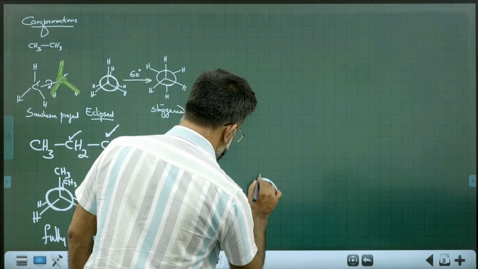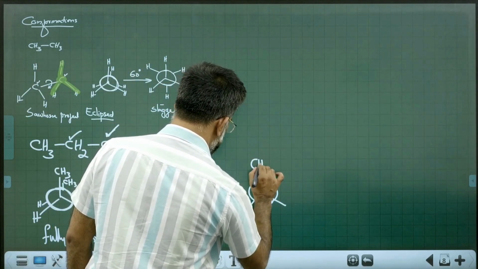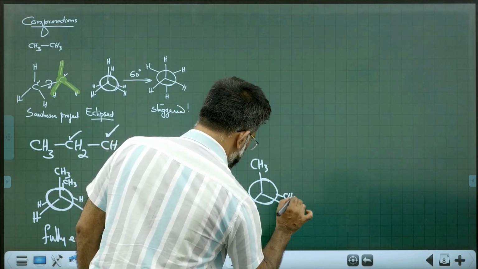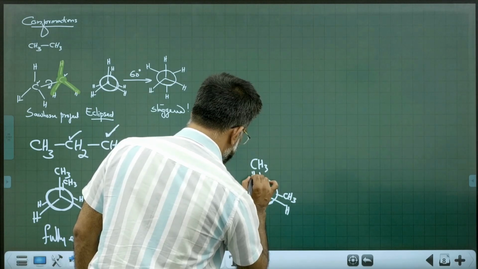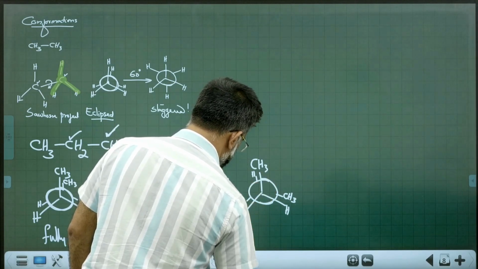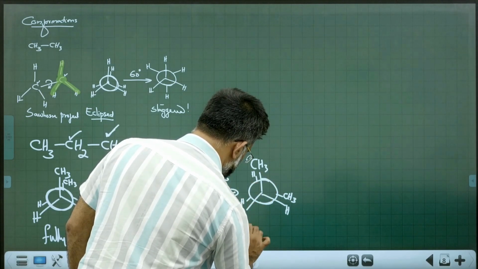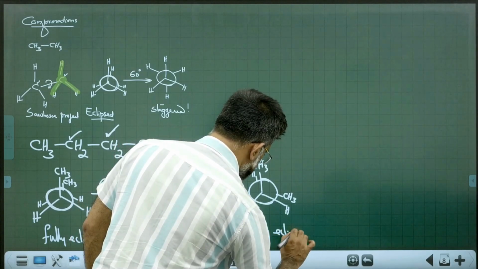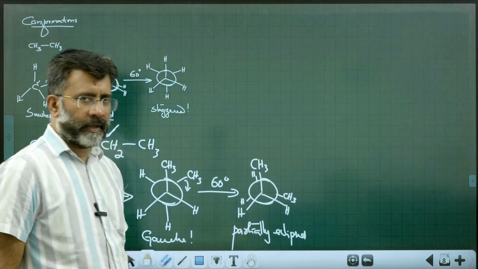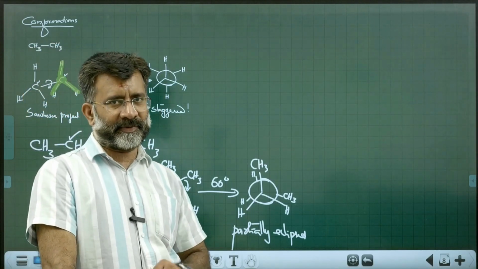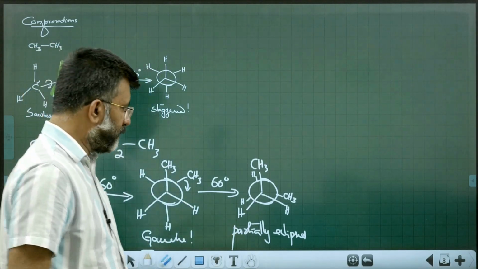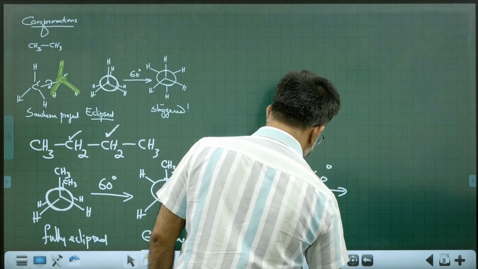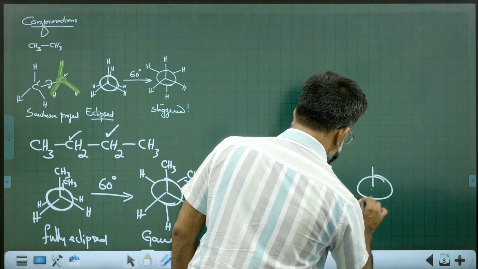You get a new conformation where CH3 like this, hydrogen, and the behind carbon CH3 comes here, hydrogen is here and hydrogen is here. That is called partially eclipsed, or methyl hydrogen eclipse. And with another 60-degree rotation, you get the last conformation.